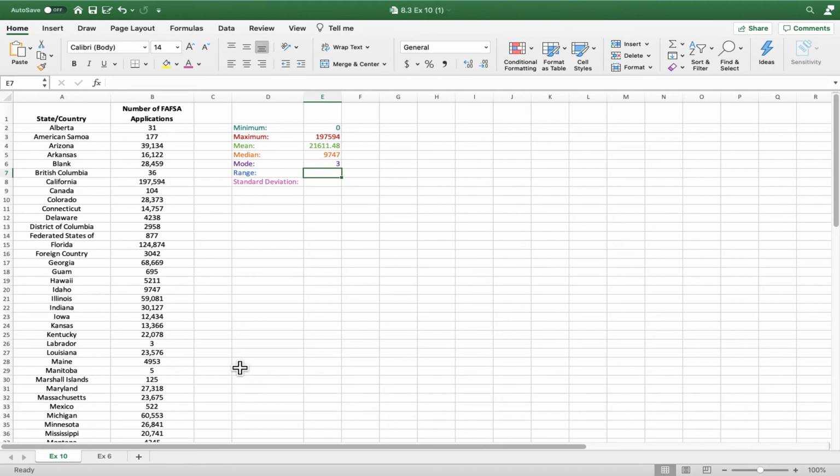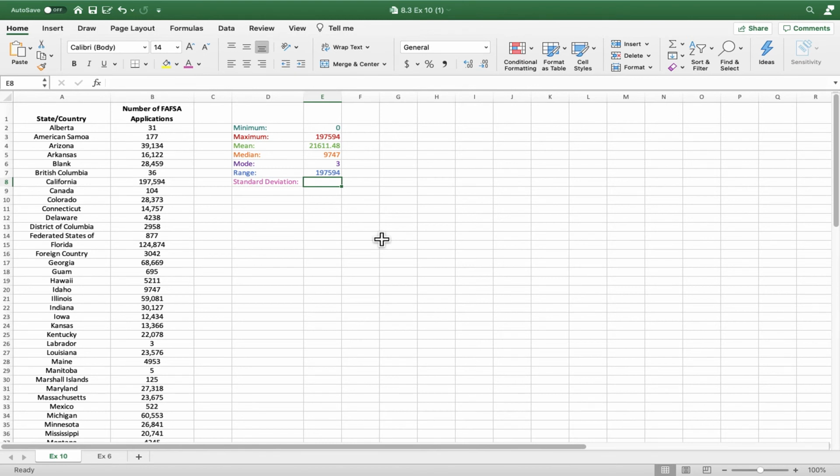So we're going to say equals, and then select the maximum value, minus the minimum value, and hit enter. And obviously it's the same as the maximum because the minimum was 0, but that's how you do it.